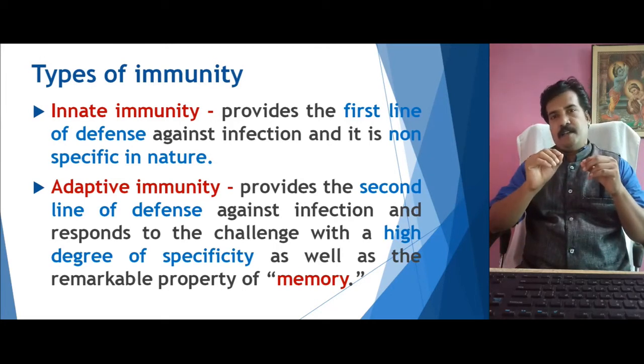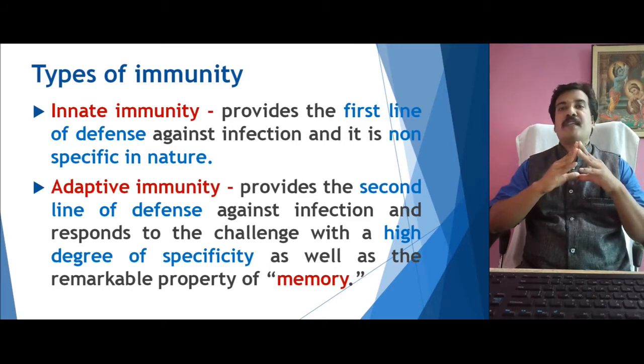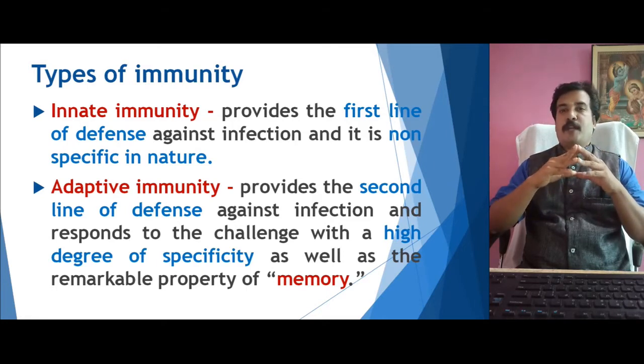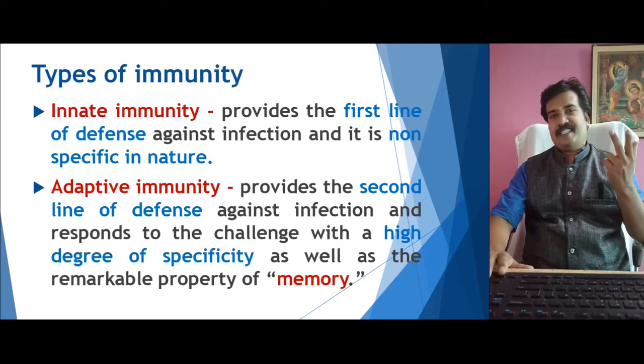It is highly specific in nature. It can recognize individual foreign antigens, and also it keeps them in memory, so that once it encounters them a second time, it gives protection against that foreign substance immediately.